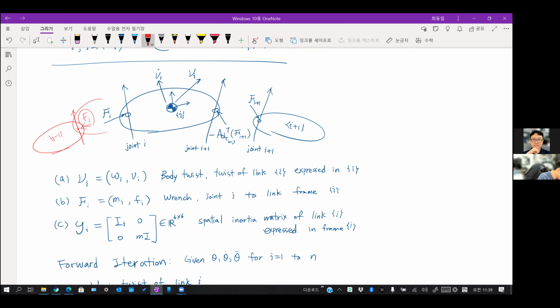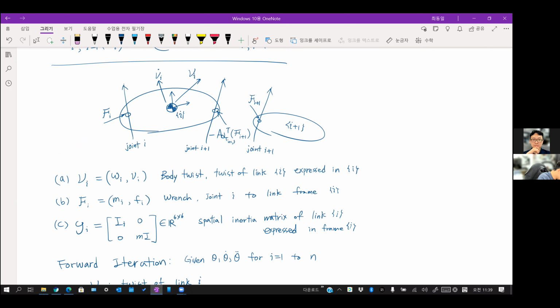So this one is some kind of internal force, propagated from the end to the base. And this force is the same value but with a different sign, the same but in the reverse direction. So this wrench F_i came from here.